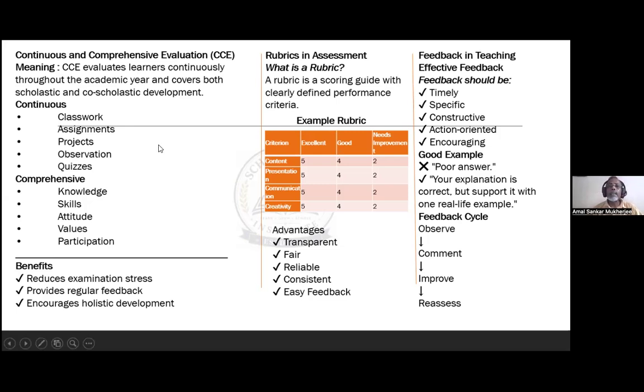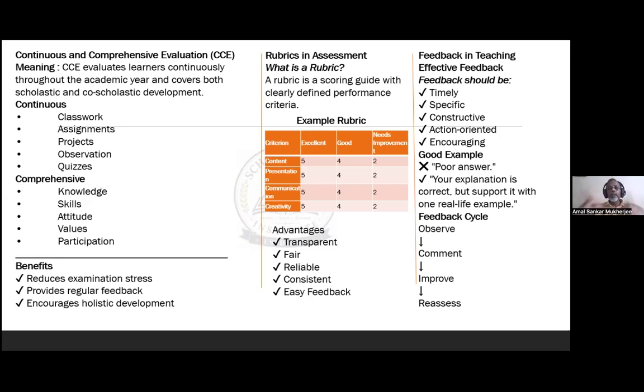A rubric is a scoring guide with clearly defined performance criteria that is preset: which marks will be considered excellent, which marks will be considered good. Those particular marks or grades are prefixed. On the basis of that chart, the learners' answers are evaluated, judged, and a particular score is given. Ultimately, the decision is taken: performance is excellent, performance is good, or there is a need for improvement.